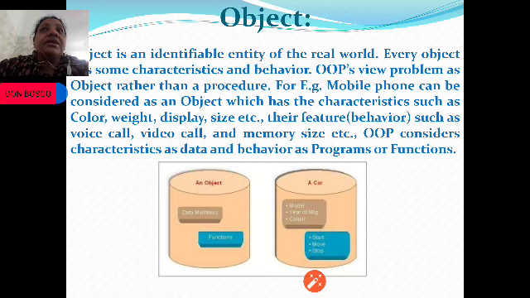Along with the characteristics, an object also has some features. Like a mobile phone, we can make a voice call, video call, and it has memory size, etc. Likewise, if we consider a car as an object, a car has a model number, color, and year of manufacturing.